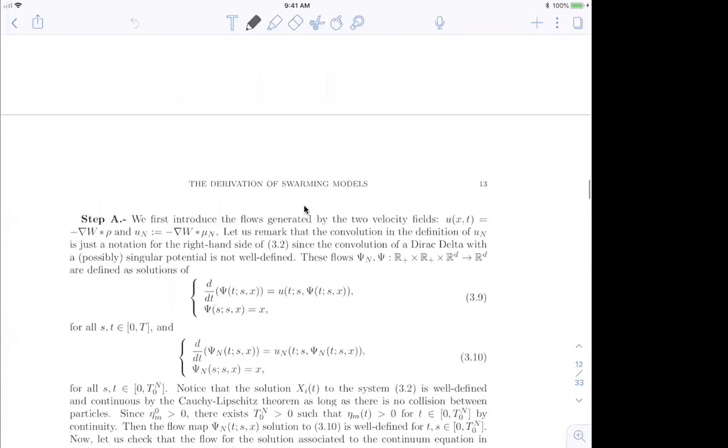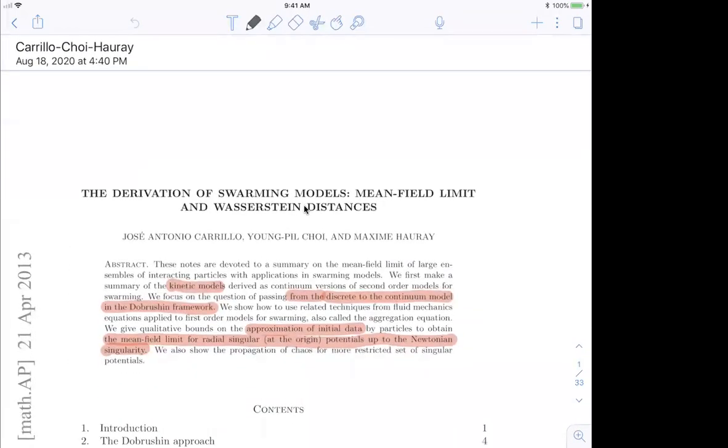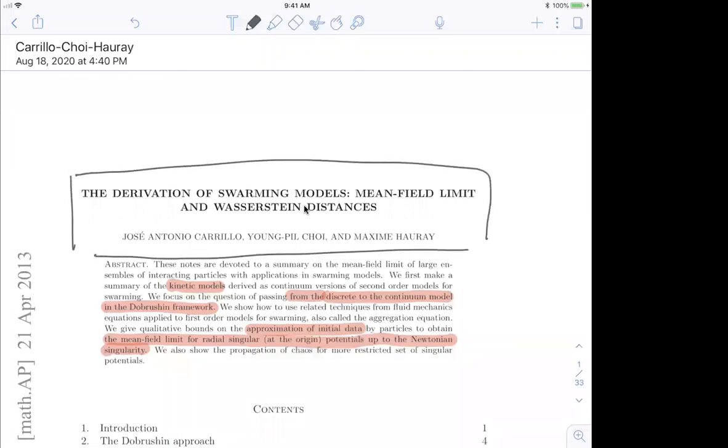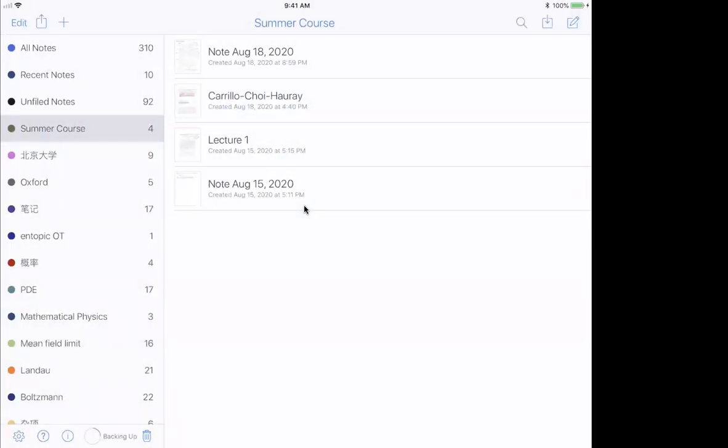This is not a very old paper, and it summarizes many works using Dobrushin-type arguments to derive kinetic equations or aggregation-type equations, by Carrillo, Choi, and Hauray, and they have many recent results as well.